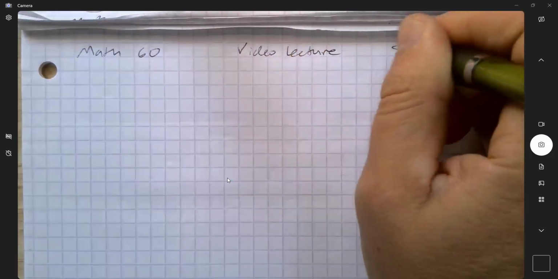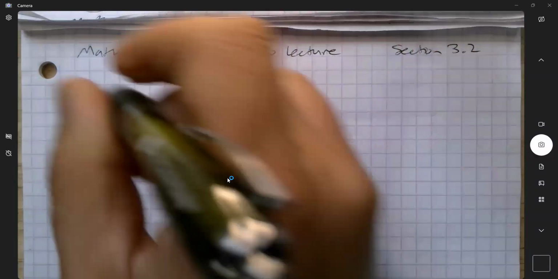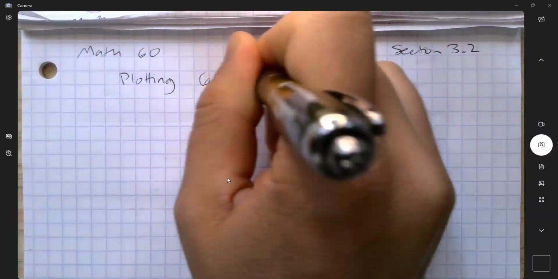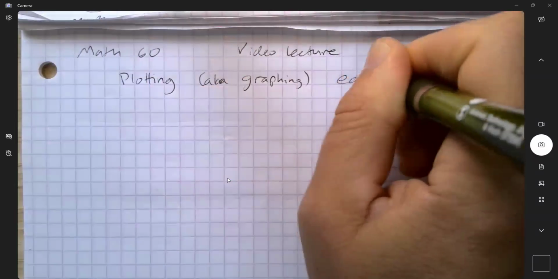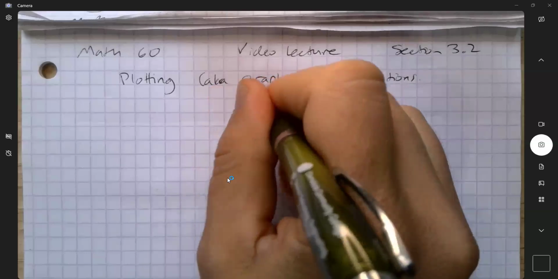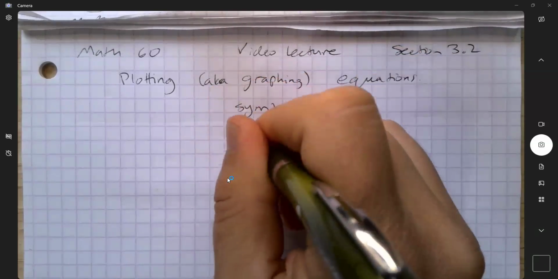We are covering section 3.2 in this video, and that is plotting, also known as graphing equations. And we're going to stick with linear equations for now, but what we're really doing here is we're practicing changing representations.